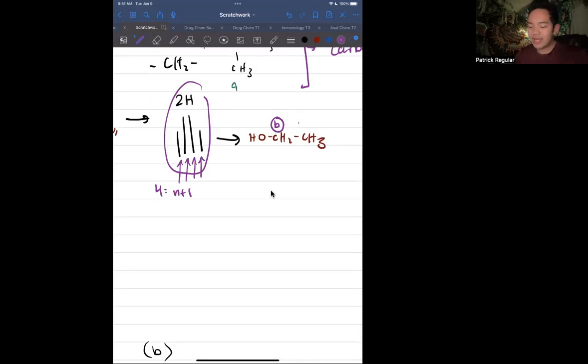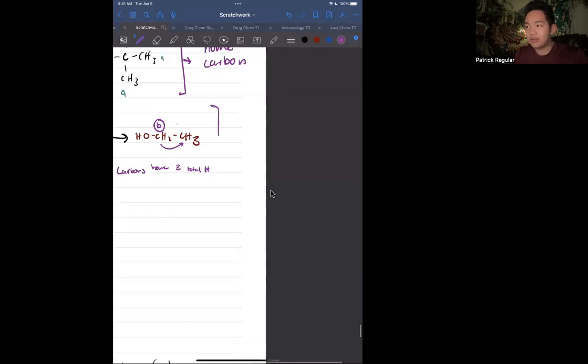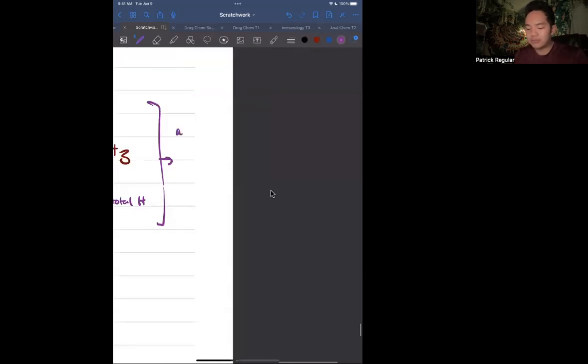That means if you have 4 peaks, your adjacent carbons have 3 total hydrogens. And that makes sense because that methyl group has 3 total hydrogens. So they couple with those hydrogens and show up as a quadruplet. And this has to deal with adjacent carbons.